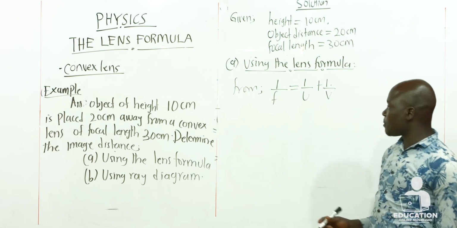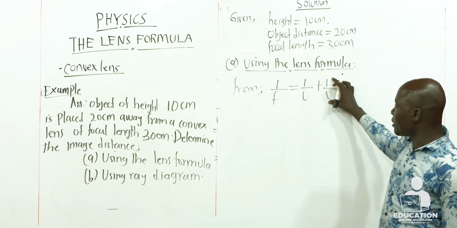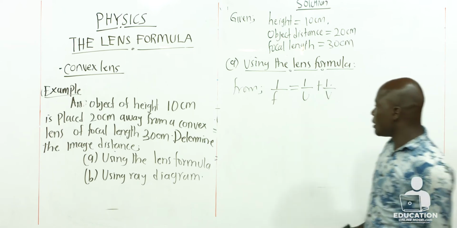So now we are going to substitute what is given in the question in the formula so that we can get the image distance.